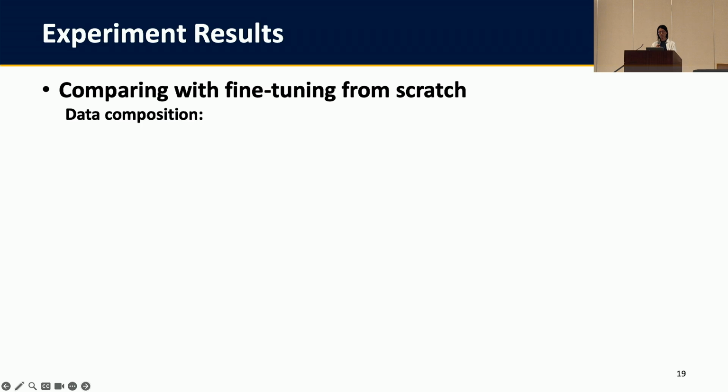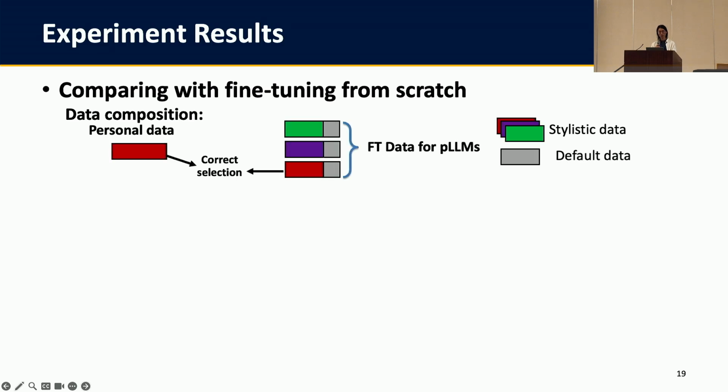So we first compare Expert with fine-tuning from scratch. To simulate the different levels of similarity between the PLM and the personal data, we mix some default samples, which means samples without any language style, into the fine-tuning data of the PLM.